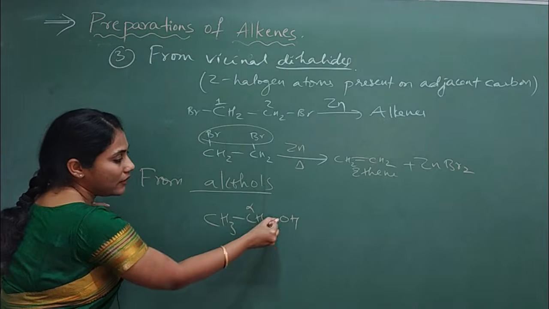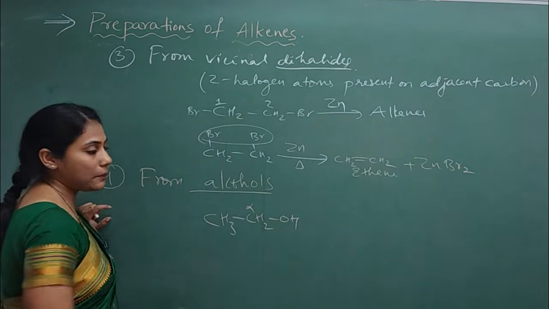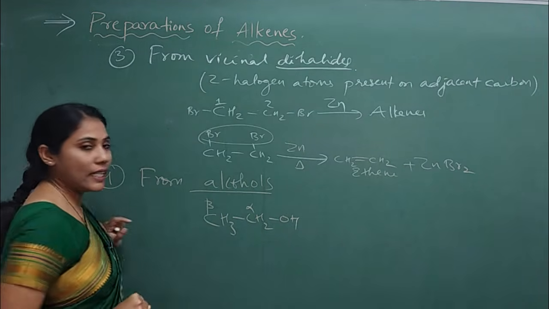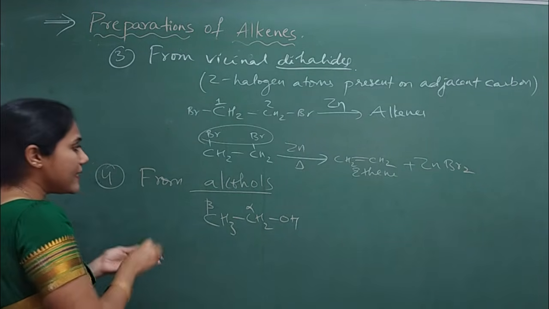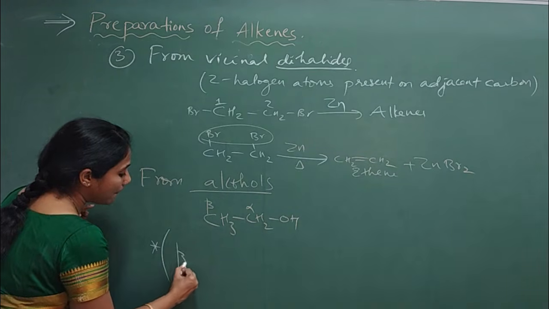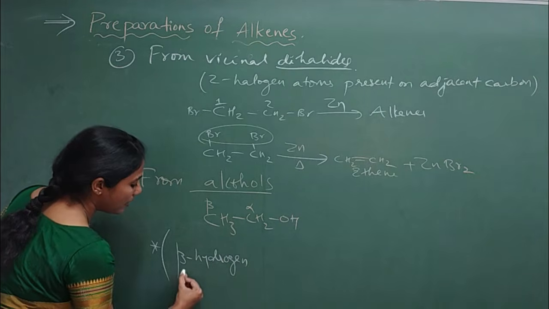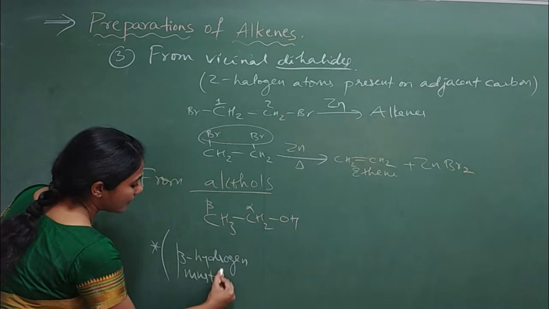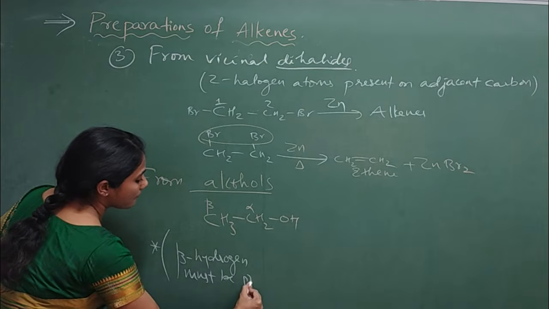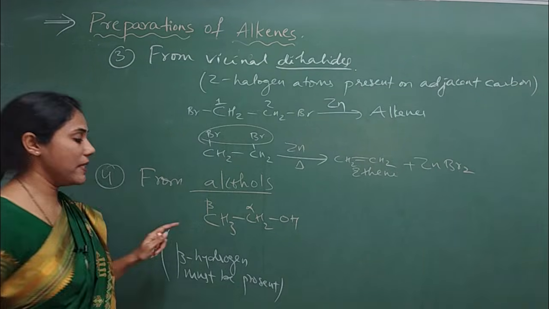This is the alpha carbon. The carbon to which the functional group is attached is called the alpha carbon, and this is our beta carbon. Here also, the same point you have to remember: you should definitely have beta hydrogen here. Beta hydrogen must be present, only then the reaction takes place.